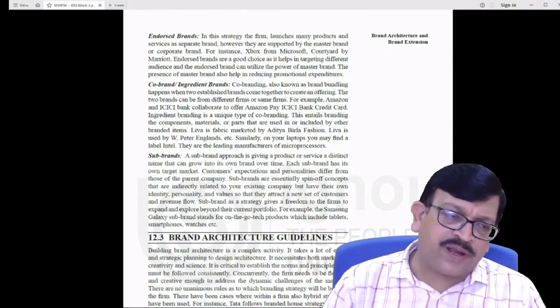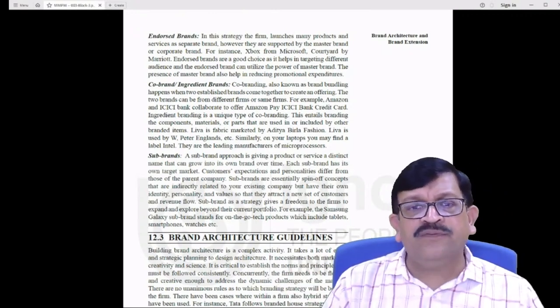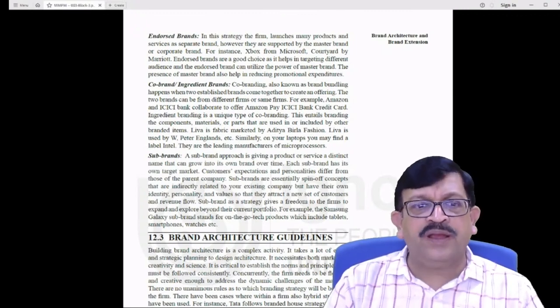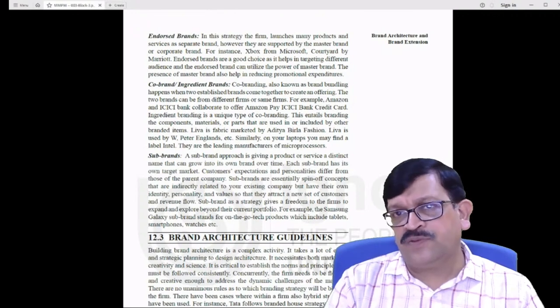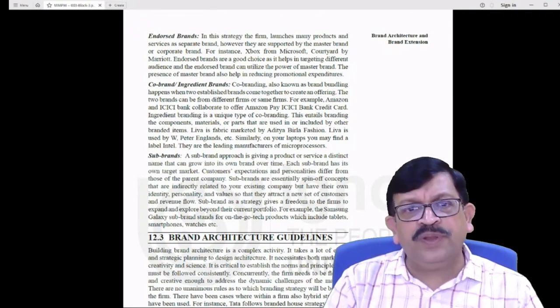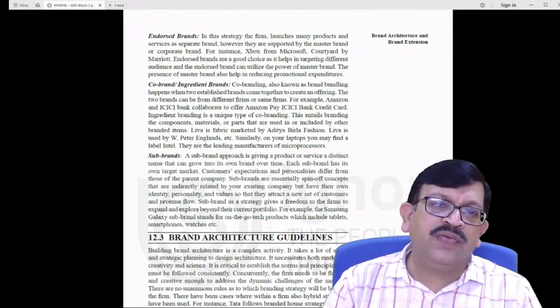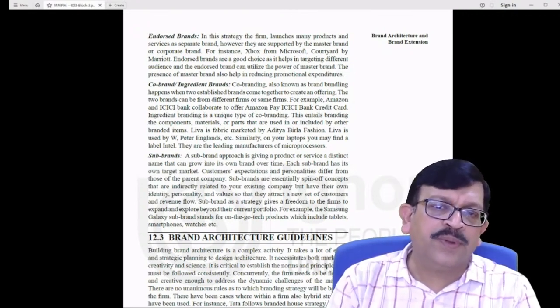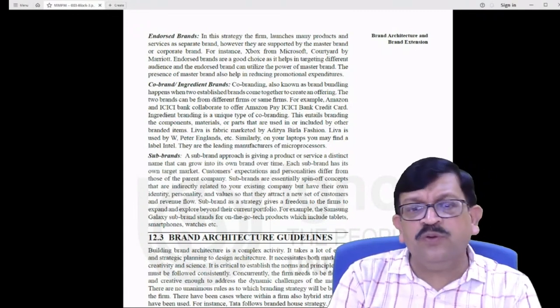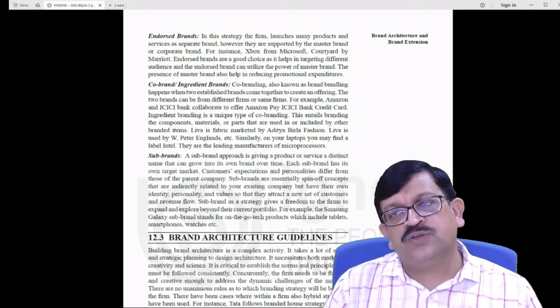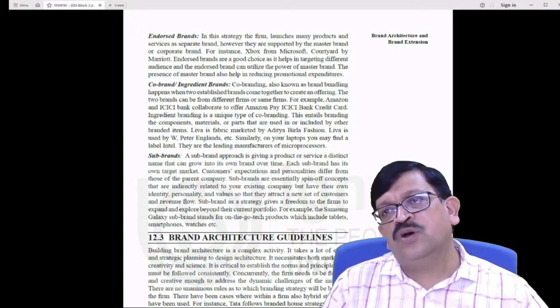They become more independent. Like for example, Fast Track under Titan came as a sub-brand under Titan, which is a part of Tata Group. But over a period of time, it has become so strong that it does not require the linkage with the company name of Titan. So today, when you look at Fast Track, nowhere will you find the Titan name mentioned. It has been able to establish on its own.